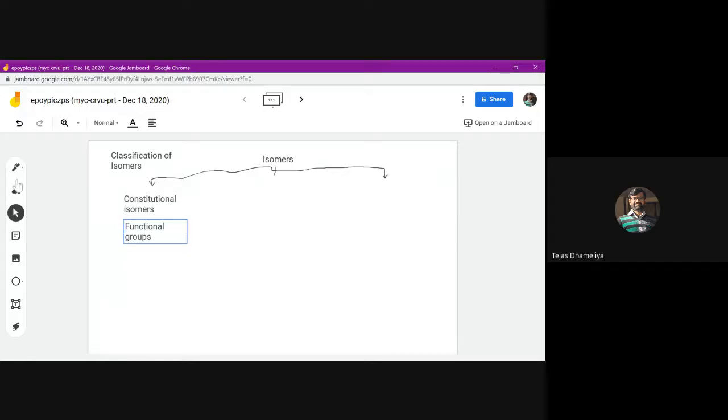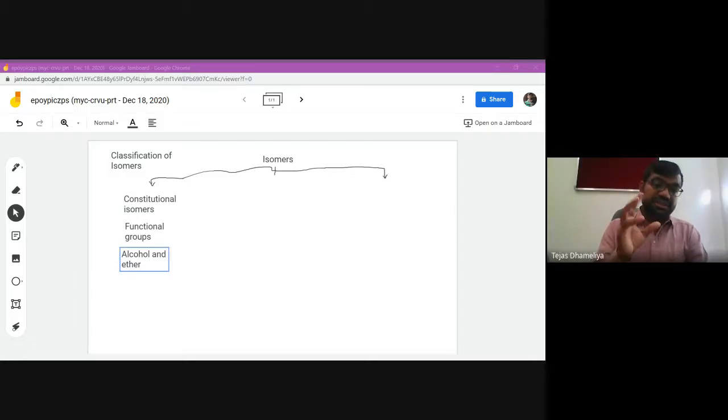Number one among these is alcohol, and then ether. Alcohol and ether have a common molecular formula, but however, the molecules have different chemical structures.